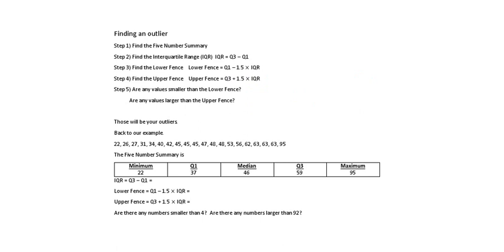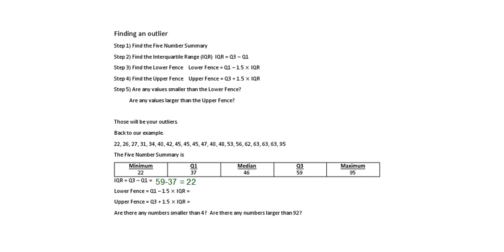We already did our 5-number summary. So the first step I like to do is find the interquartile range, Q3 minus Q1. Let's see, Q3 was 59, minus Q1 is 37. That's equal to 22. Next, I would like to find the lower fence.